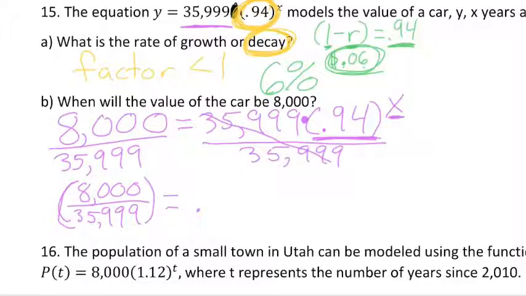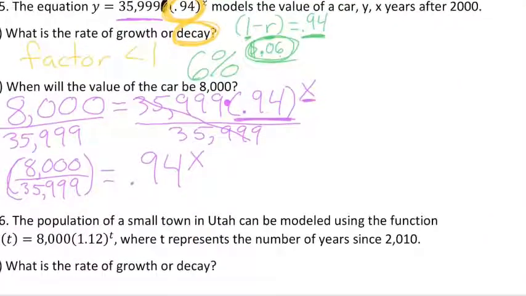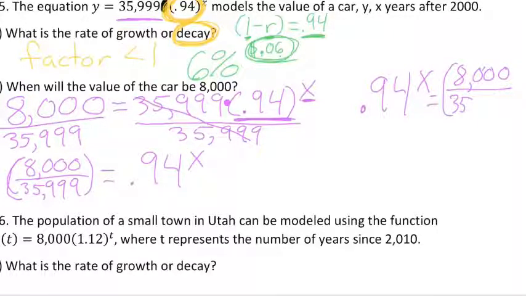So left on our right side is 0.94 raised to our x. Now if I flip it, it will look just like what we've been used to. So if I had 0.94 to the x equals that big fraction, 8,000 over 35,999, now I've got my base.